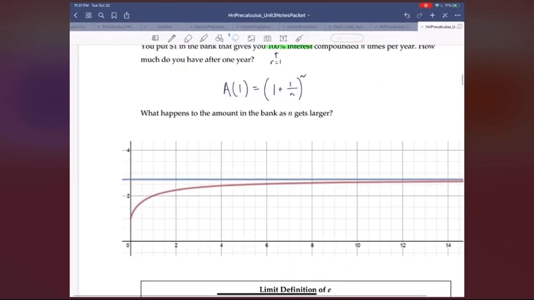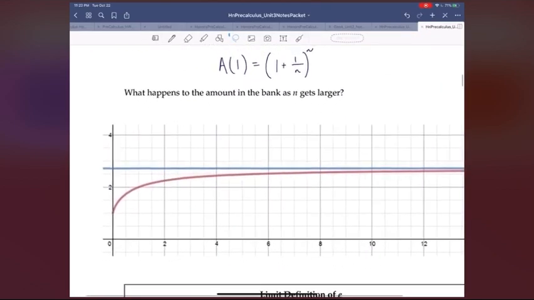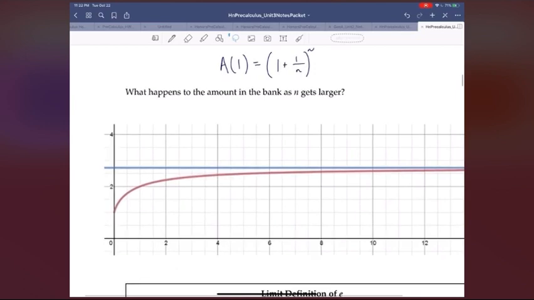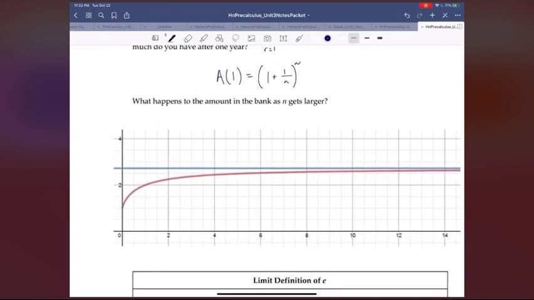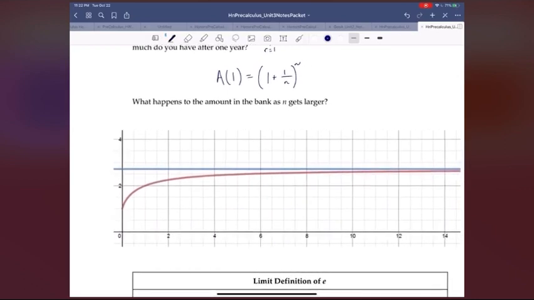So here's a graph of y equals 1 plus 1 over n to the n. I'm going to label this. And then this is the horizontal asymptote, y equals e.